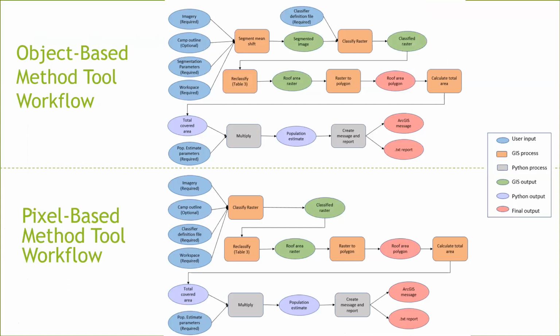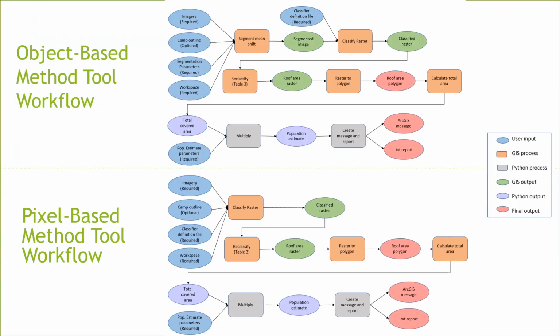Here's the workflow for the tool. The object-based and pixel-based workflows are pretty similar, except as I mentioned, the object-based workflow requires a segmentation of the image. So after the image is segmented, both workflows will classify the input image, usually using the user-defined classifier definition file, which will create a classified raster.